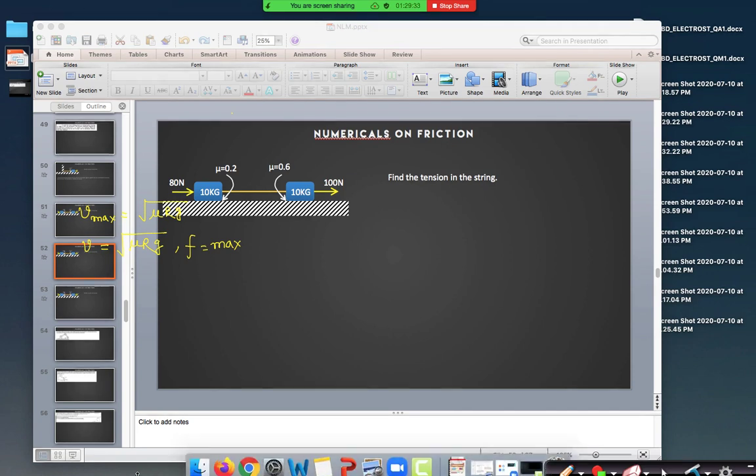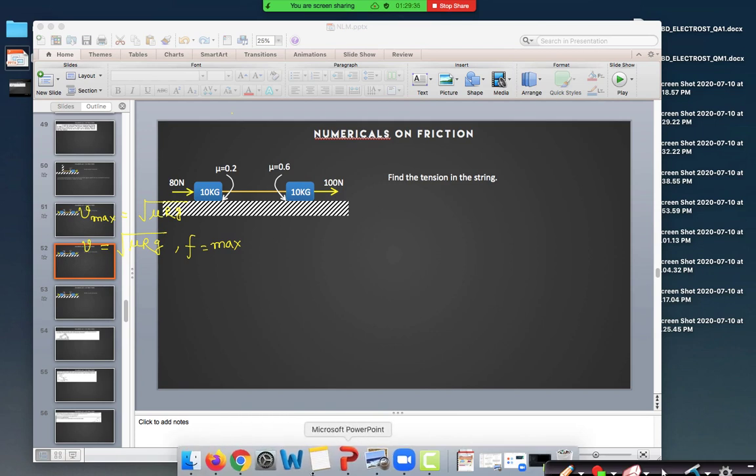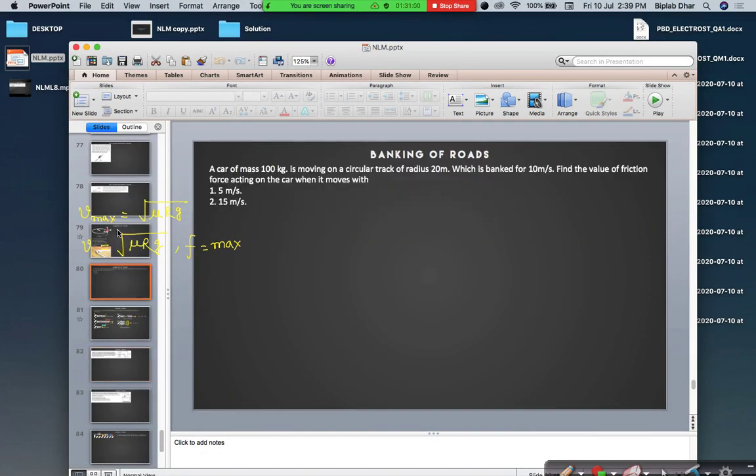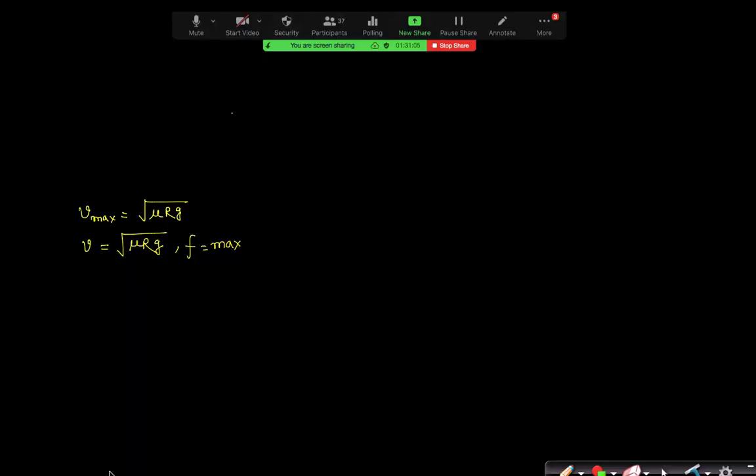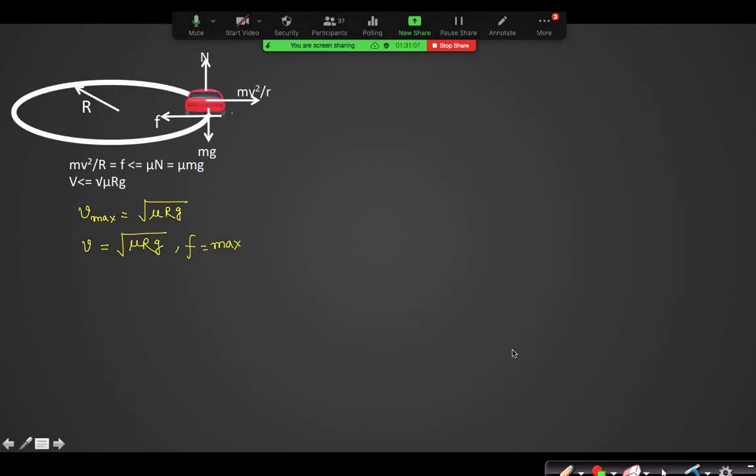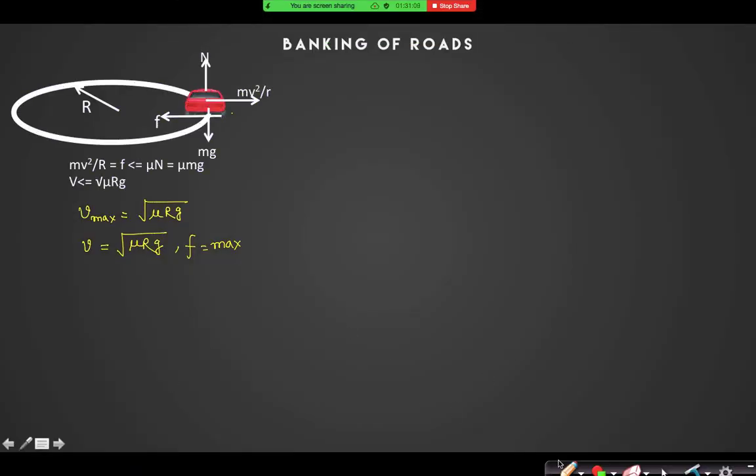No, sir, but the car wheel will be rolling. No, we are not actually talking about rolling friction here. Okay, let me make you understand. What is rolling friction?